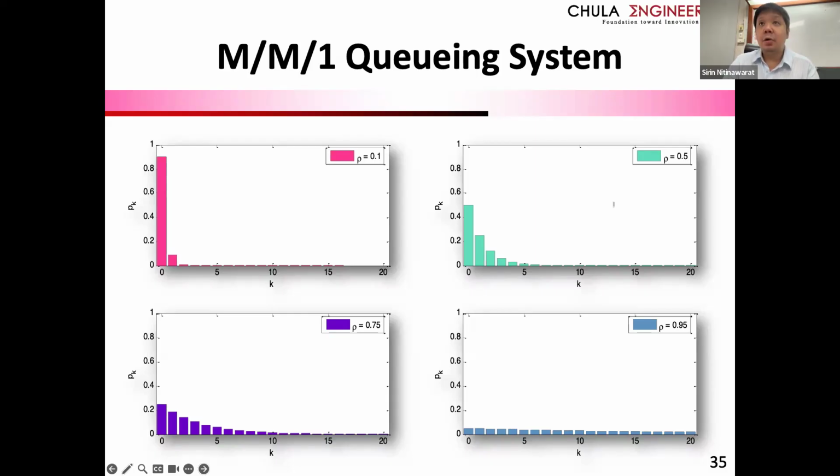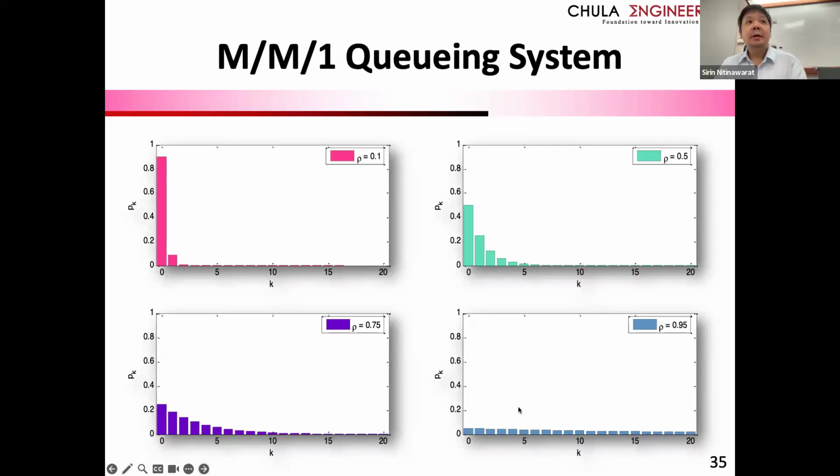The closer you go to 1, right? The longer the tail the stationary distribution represents, right?